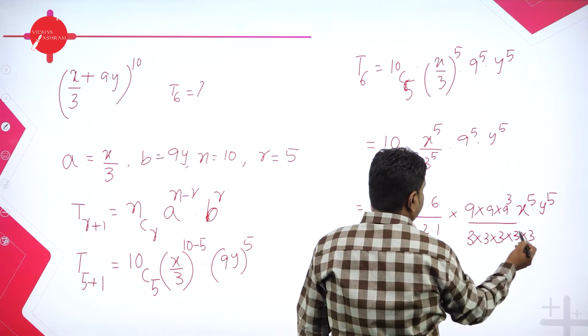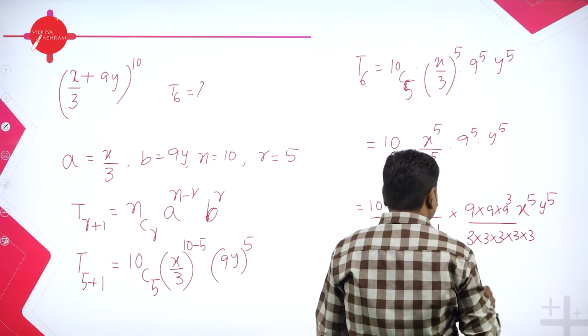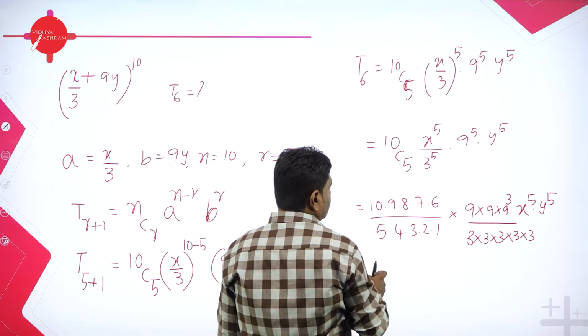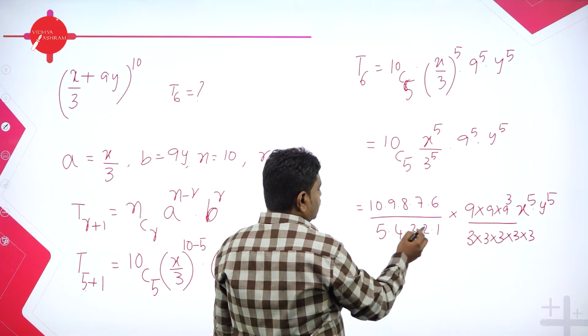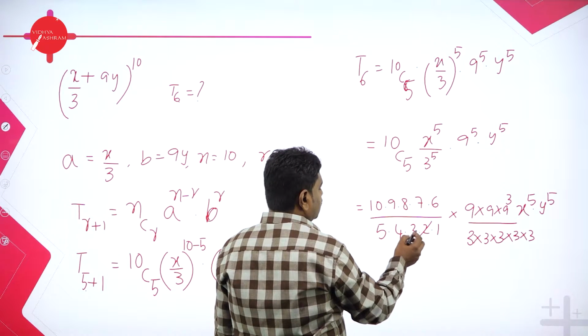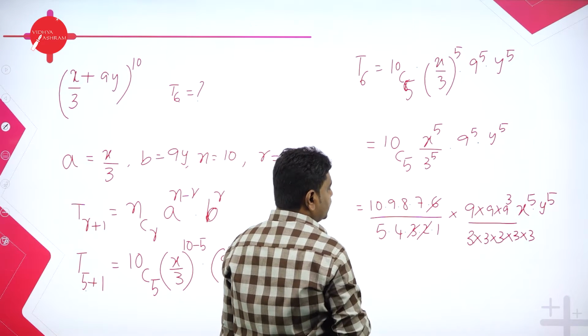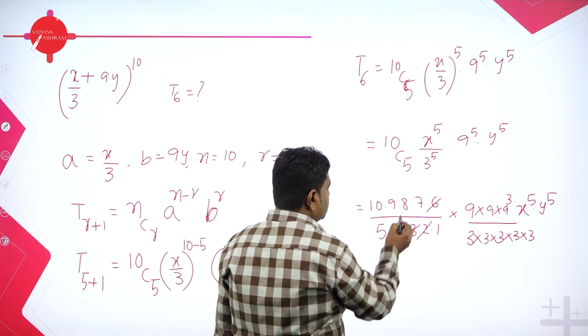Now simplify this. 3 2s are 6 and 6 cancels. Then 4 1s are, 4 2s are.